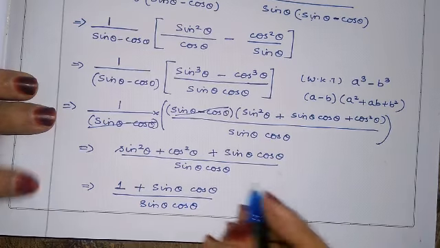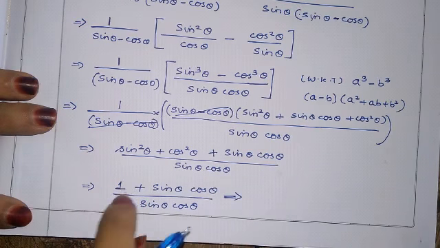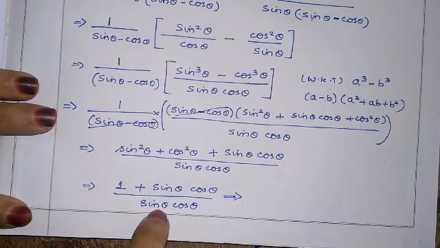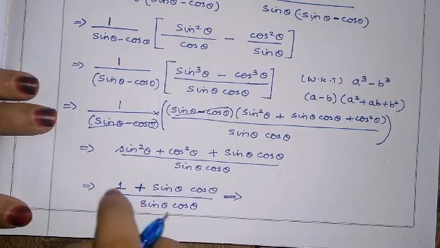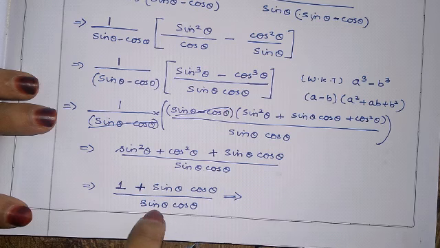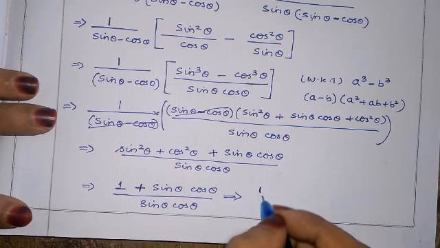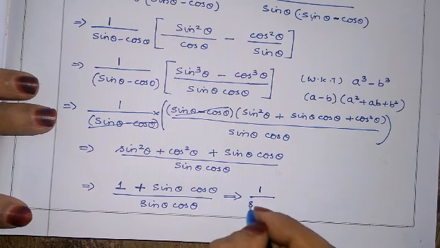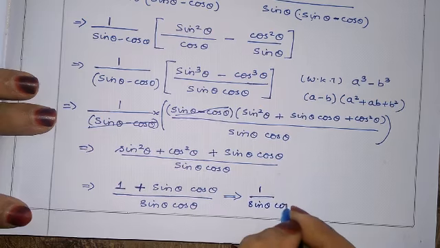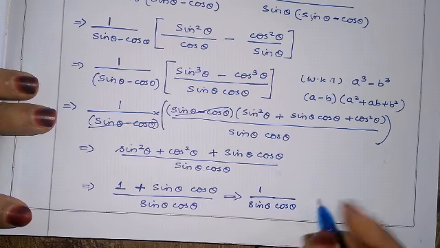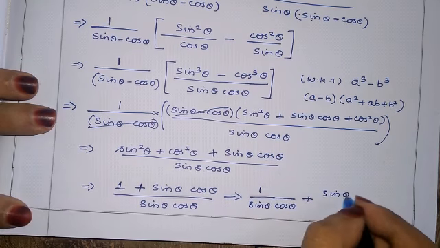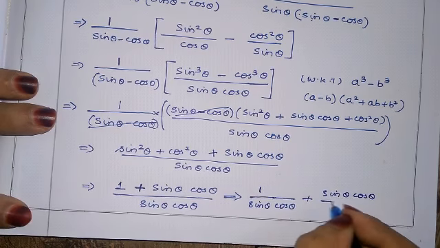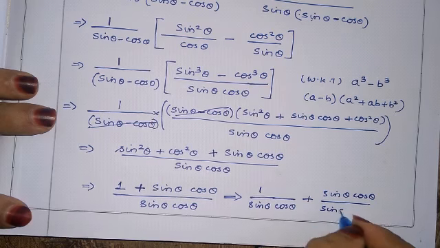Now the 1 is also over sin theta cos theta, and there is the plus, so we will separate this: 1 upon sin theta cos theta plus sin theta cos theta upon sin theta cos theta.